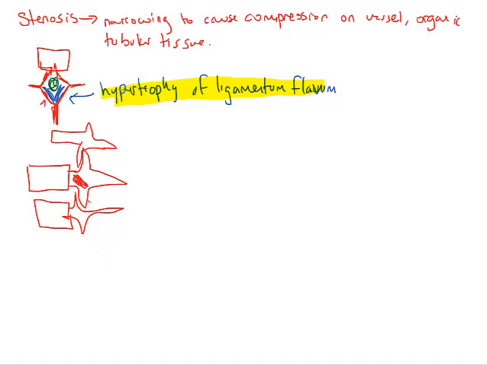So if you have facet joint disease, these joints are located right around the vertebral foramen. The spinal cord is there, so we know what's going to happen. It's going to cause stenosis on the actual spinal cord.